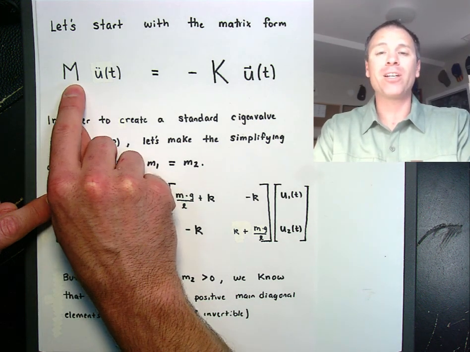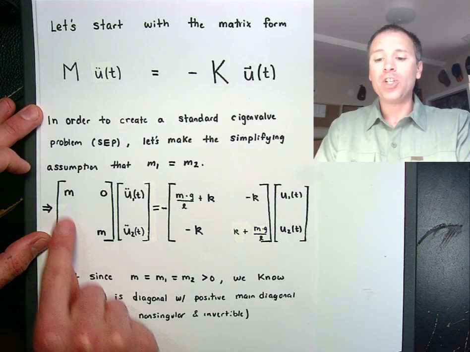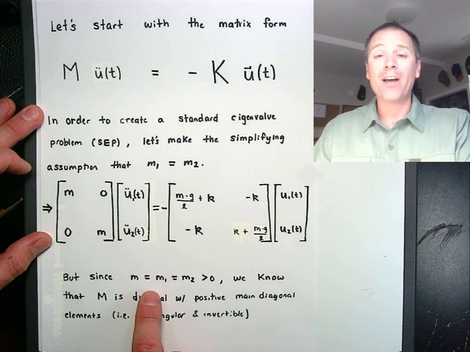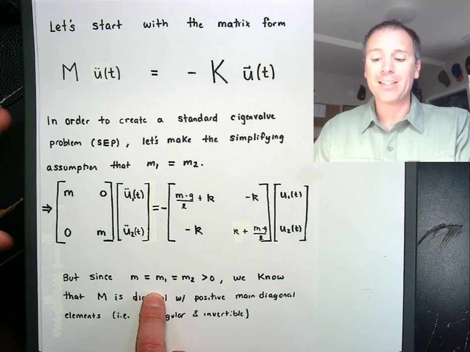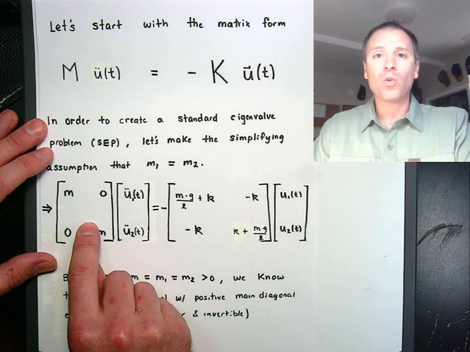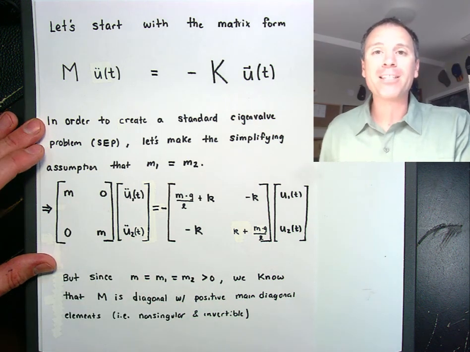That means this matrix is a scalar multiple of the identity. When we see this, we know that each of those diagonal elements is non-zero and thus positive because they measure masses. There's no such thing as a negative mass. This is a diagonal matrix with non-zero diagonals that are identical. That matrix must be invertible.